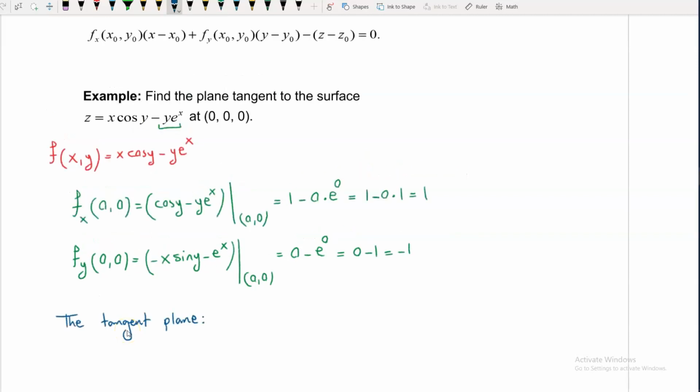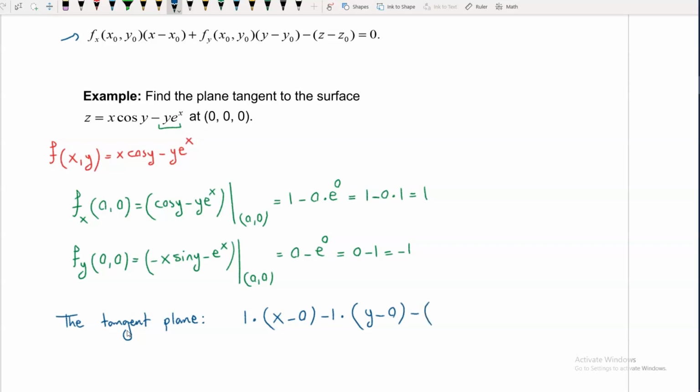So the tangent plane is based on what we have here, partial derivative of f with respect to x, that is 1. So we have 1 times x minus x naught, so x minus 0. Then we have partial derivative of f with respect to y, it is negative 1 times y minus y naught, so y minus 0.